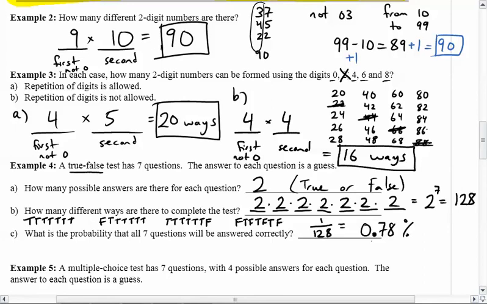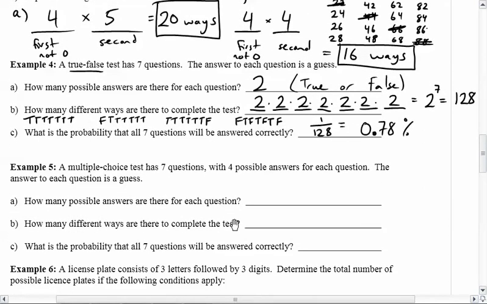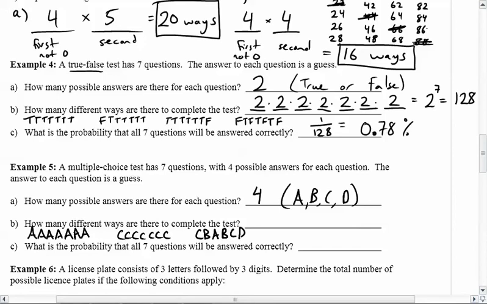Now what if the test was multiple choice? That means I have 4 options for each question. A, B, C, or D. So how many ways could I answer this test? Well, I could answer them all A's. Or I can guess that the teacher never starts with A. Maybe they love the letter C. Or it could be C, B, A, B, C, D, C. There's so many possibilities. I can do this using the fundamental counting principle. The first question has 4 answers, so does the second.